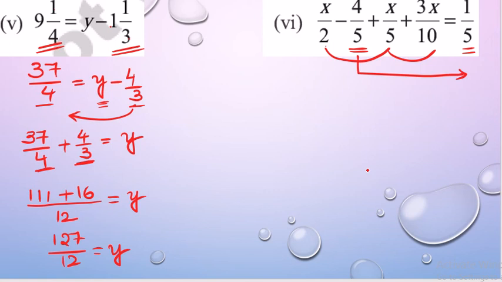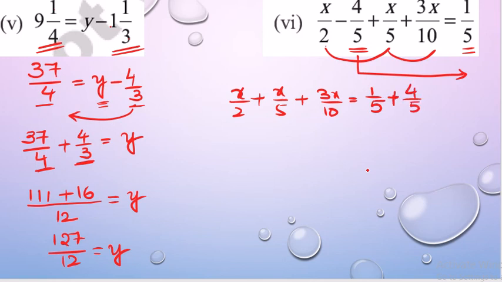Now from this what can I say? x/2 plus x/5 plus 3x/10 is equal to, already 5 is put on the right hand side, 4/5 will be transposed as plus 4/5 onto the right hand side. Now since these 3 have different denominators, we can take the LCM of these.